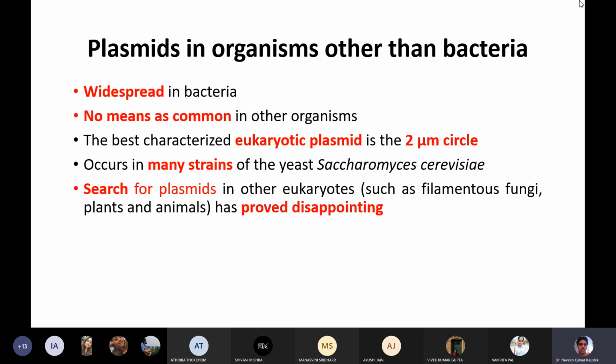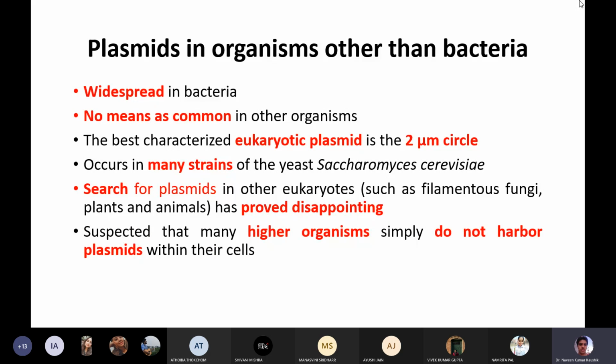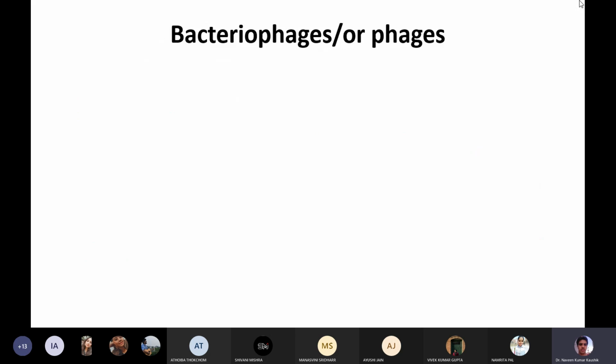Other than yeast, higher eukaryotes do not have plasmids of this kind, but if you wish to transfer an artificial plasmid into them, you can utilize the 2 micron circle origin of replication. With this 2 micron based plasmid, the plasmid can sustain itself within the cell, and you can use it for expression.